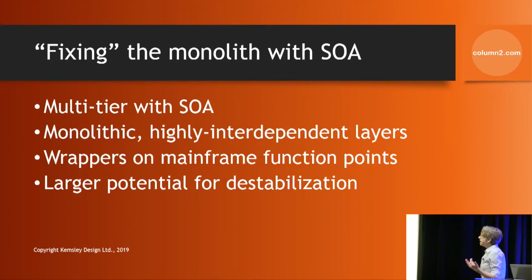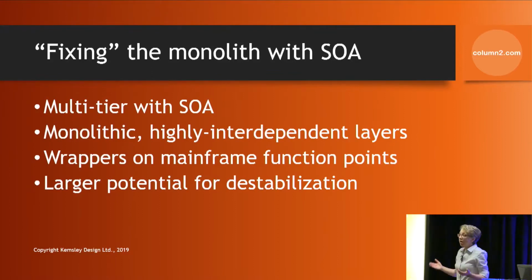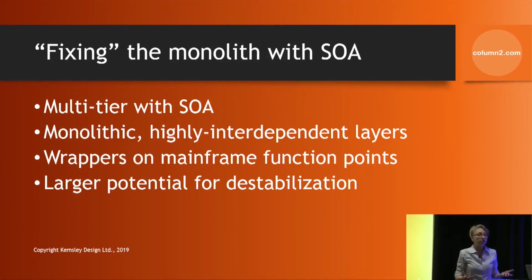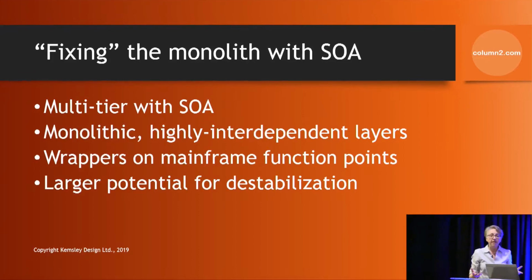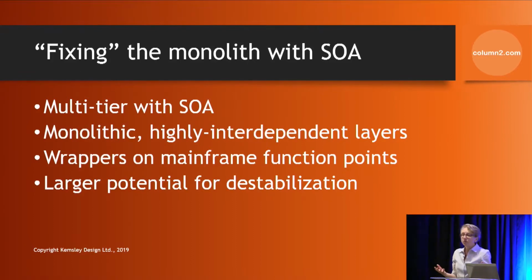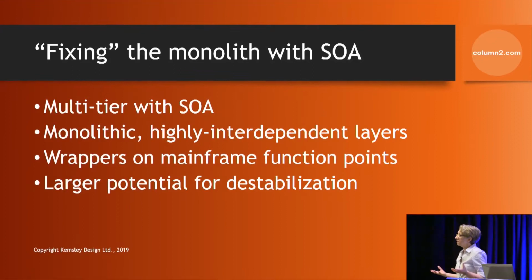And deploying creates a lot of problems. We now have an even larger potential for destabilization when we're deploying because we have all these different layers, so any disruption anywhere through there can cause problems. We created what we thought was going to be a better way to do things, and we just shifted the legacy a little bit.